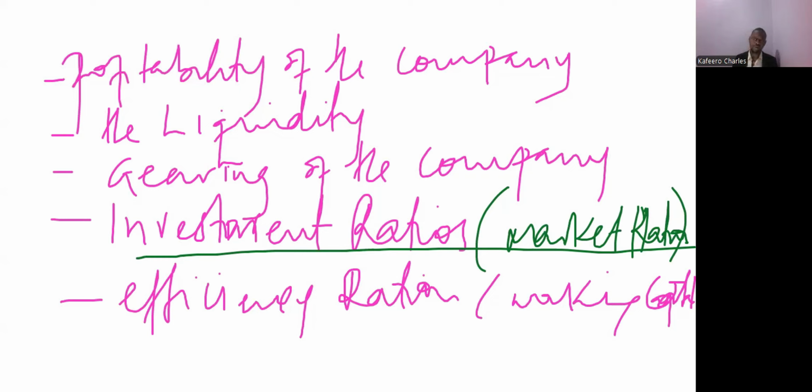Those are done on level 2, financial management. But here, we don't talk much about working capital. But that doesn't mean the examiner can't ask about it, because he knows you studied these things on level 2. That's why these papers are interlinking.